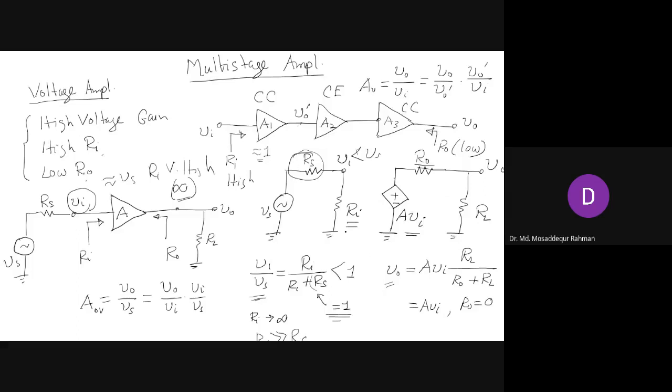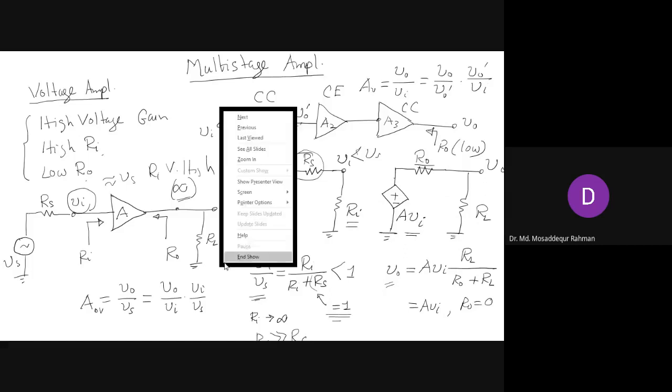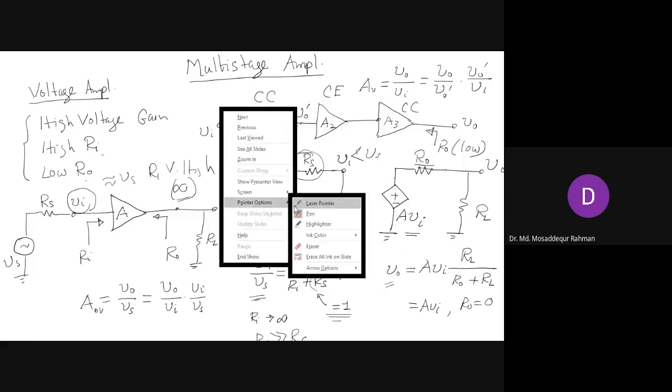So the issues that are involved for the multi-stage amplifiers. Why do we need multi-stage amplifiers? Now, for multi-stage amplifiers, we can have two configurations.